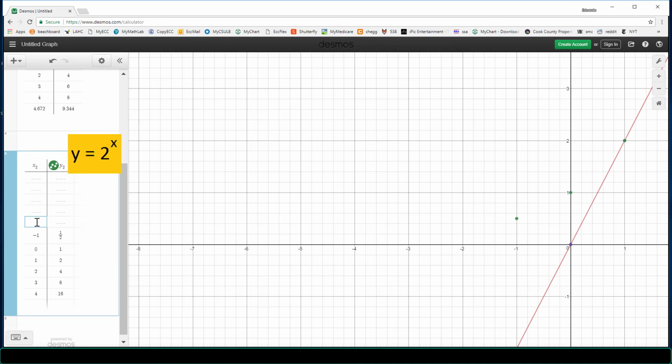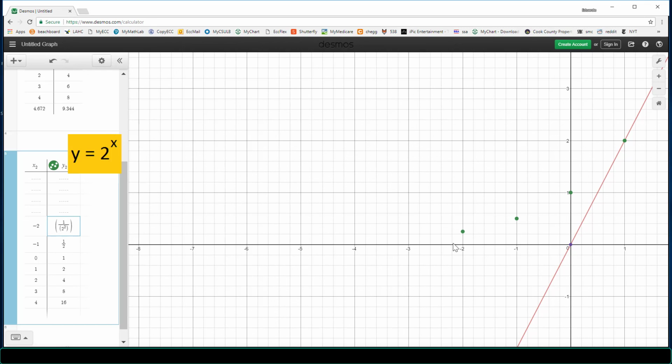Now when x is equal to negative 2, then this is 2 to the power of negative 2. And as we know, the way we deal with that negative in the exponent is to flip it underneath 1, make the exponent positive. So that's going to be equal to 1 over 2 to the power of 2, which is going to be 1/4.